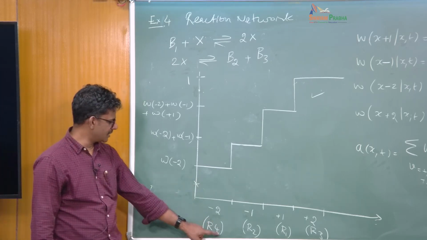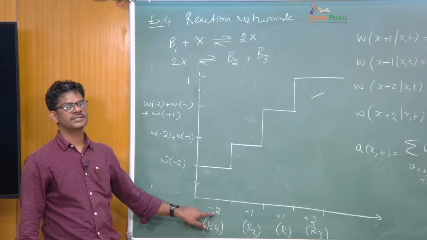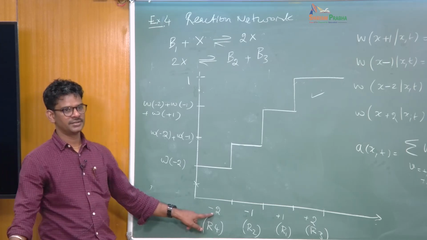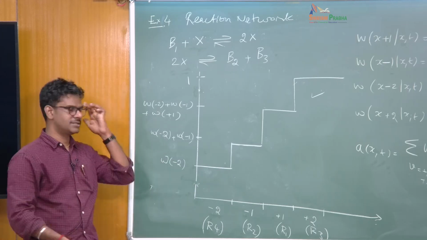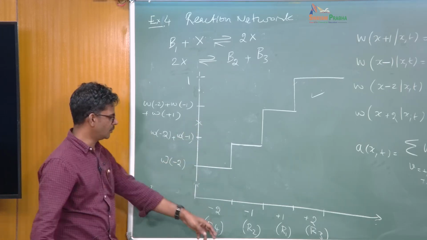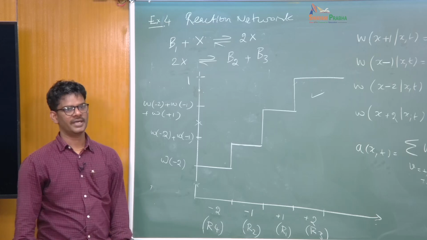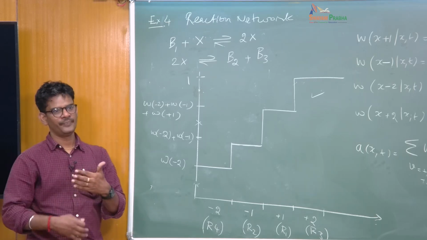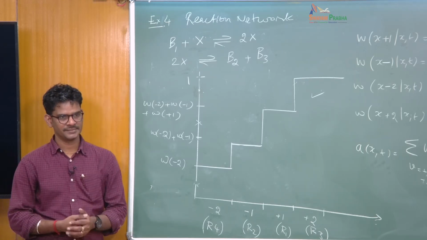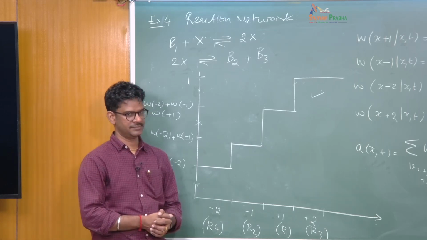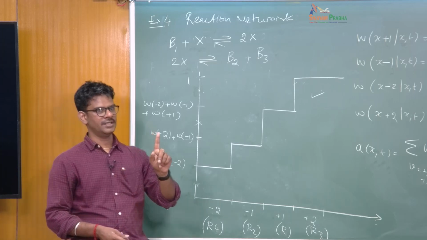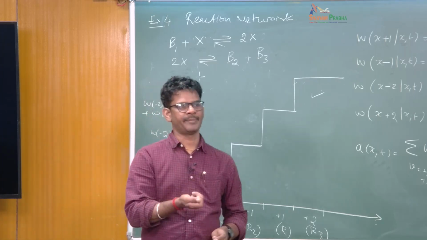Then I would choose reaction R4 and decrease the number of molecules of x by 2. And if in some other instance the random number happens to be here, then you would choose R1. This is how you choose which reaction is going to happen, and accordingly update the state variable. This is one simulation step.